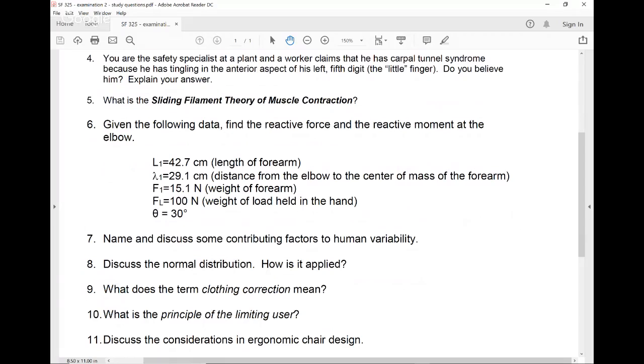Do you believe him? We didn't talk about exactly where the median nerve goes. There was a figure, but it doesn't do a real good job of showing. The median nerve innervates your thumb, pointer finger, middle finger, and parts of your ring finger, but it does not innervate the little finger. So do you believe this guy then?